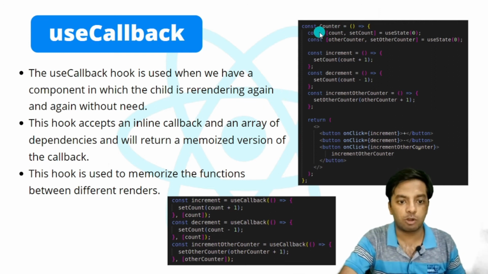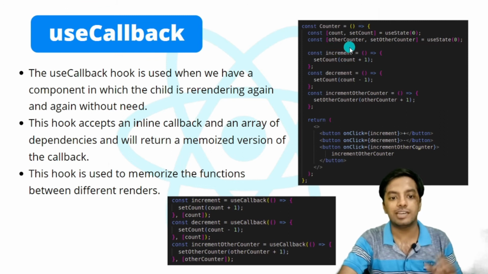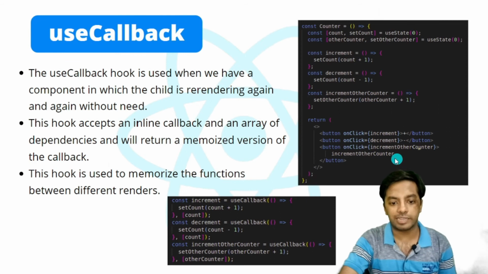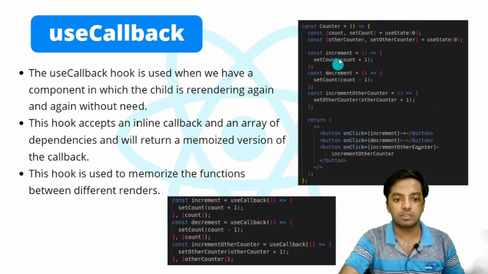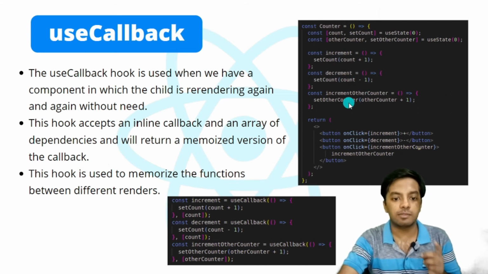So this is a counter component where we have two counts this time, not a single one, two counts, count and the other count. And here we have three different buttons: increment the count, decrement the count and increment the other count. Now these are three functions. Increment is updating the count, decrement is decreasing the count, and increment other counter is updating this other counter.